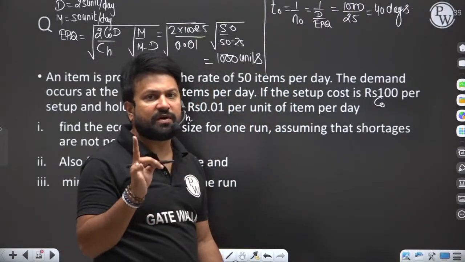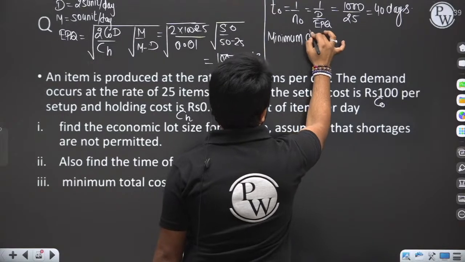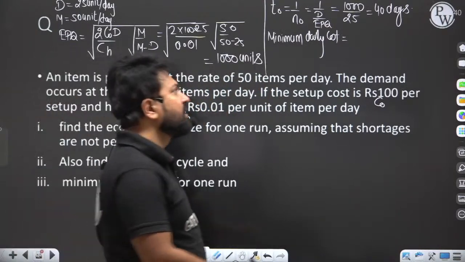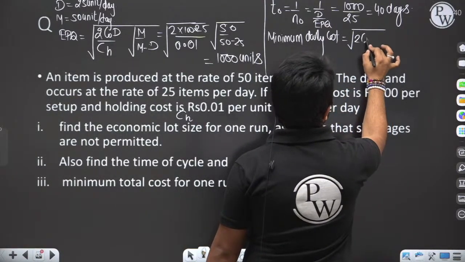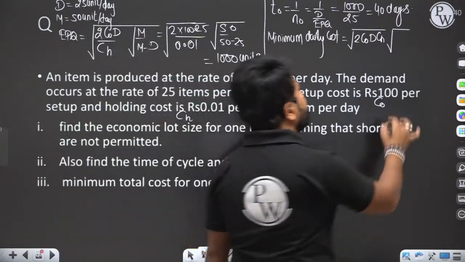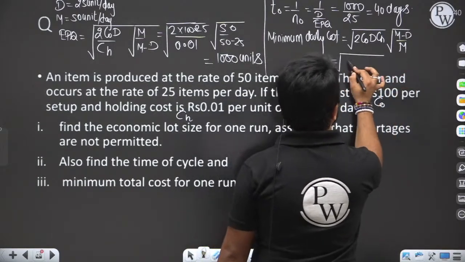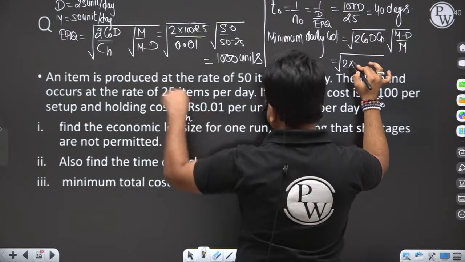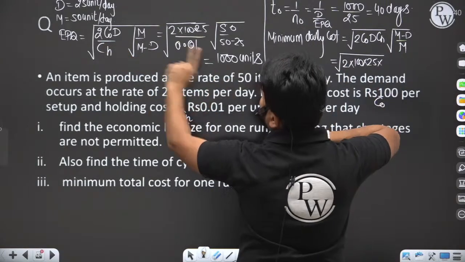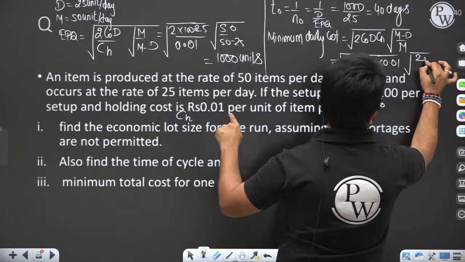The minimum daily cost is root of 2 C naught D into CH into root of M minus D by M. So here C naught is 100, demand is 25, CH is 0.01, and M minus D by M is 25 by 50.